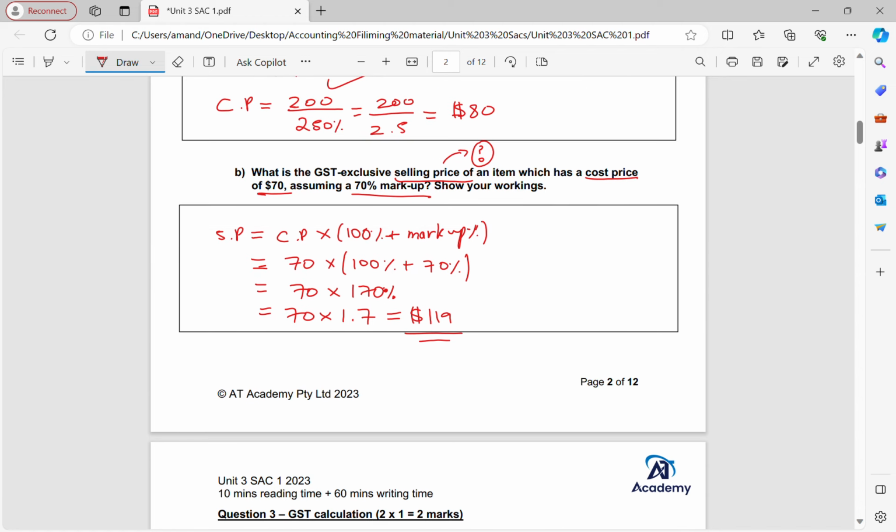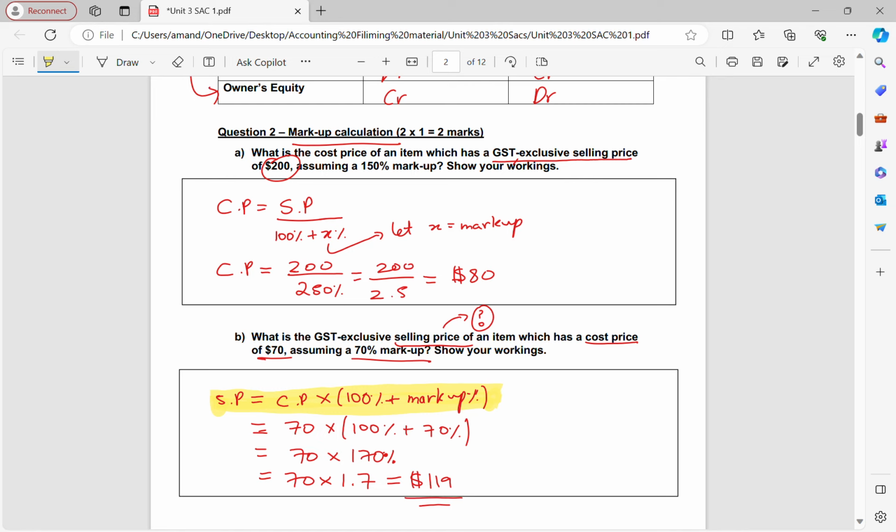It's just these formulas that are really important for these sort of questions. Once you understand these formulas, another intuitive way of thinking about it is that cost price is what the business will purchase it at, and selling price is what they're selling it at.